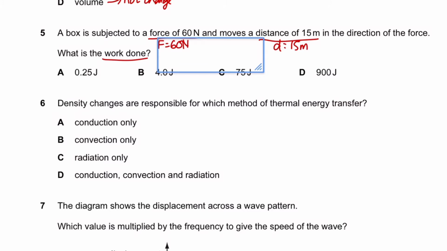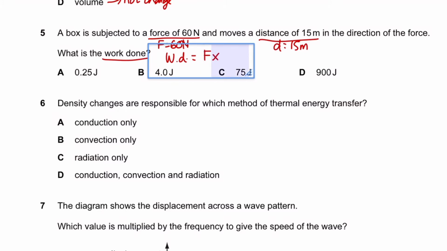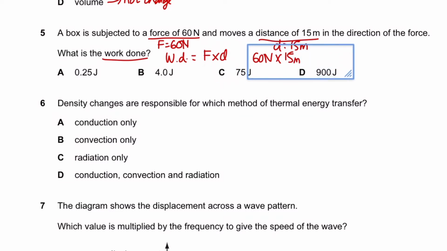Okay, it's okay. We have the work done equation, which is denoted as, sorry, force times distance. We know our force. Force is 60 Newton. We know our distance. Distance is 15 meters.